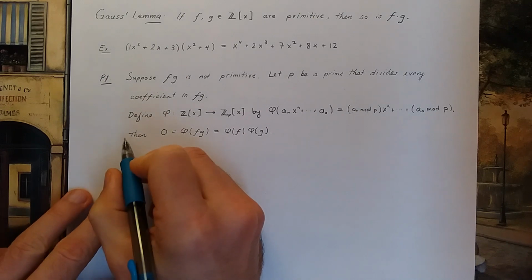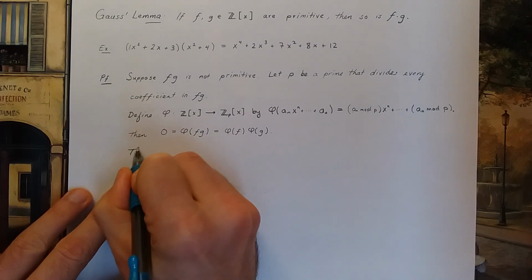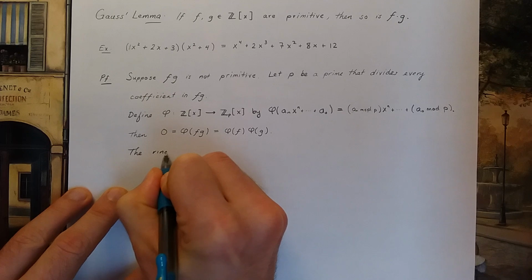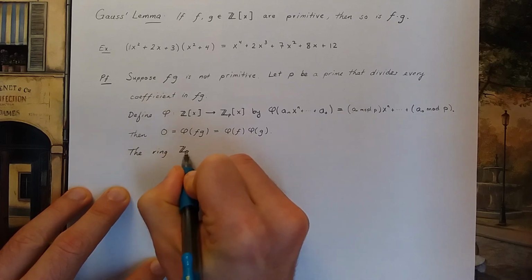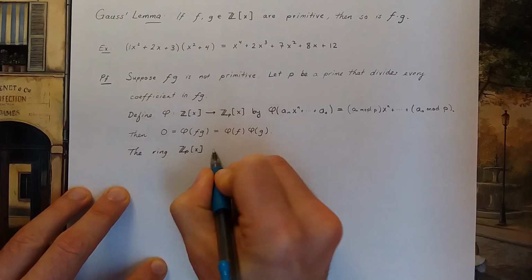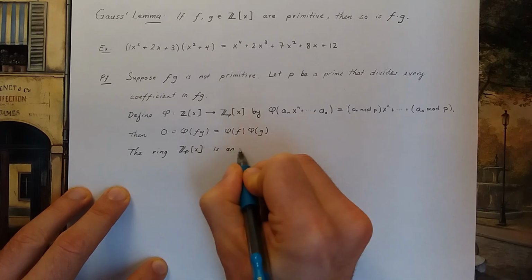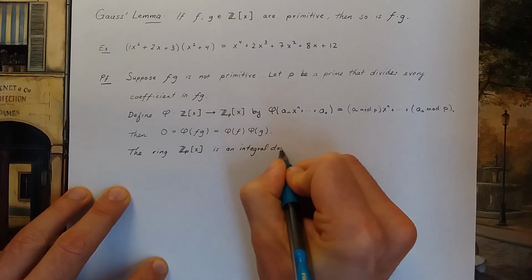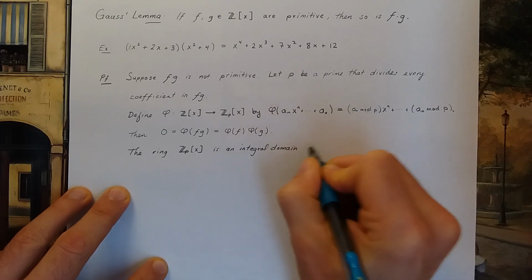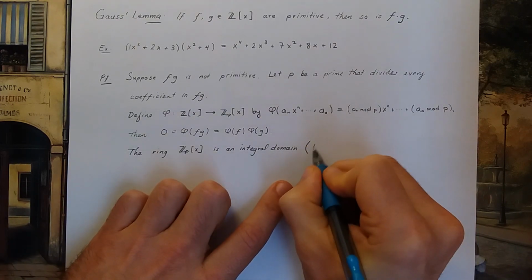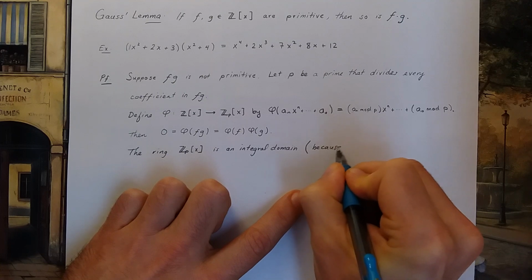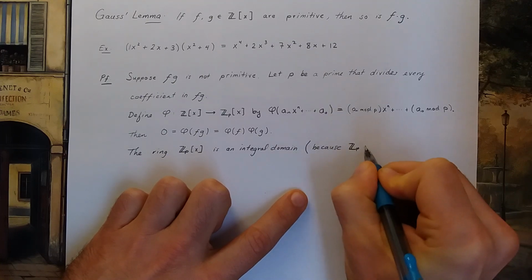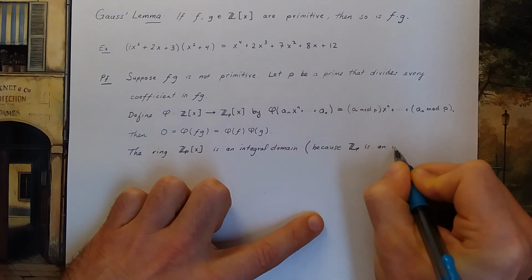Now, the ring z mod p[x], the ring of polynomials, is an integral domain. That's because z mod p is an integral domain.